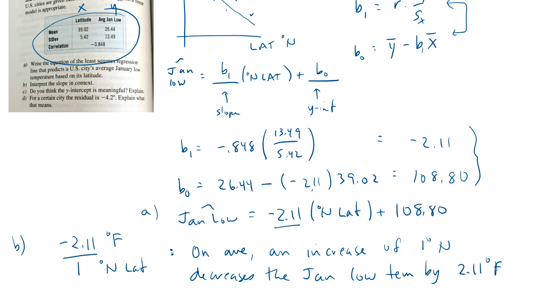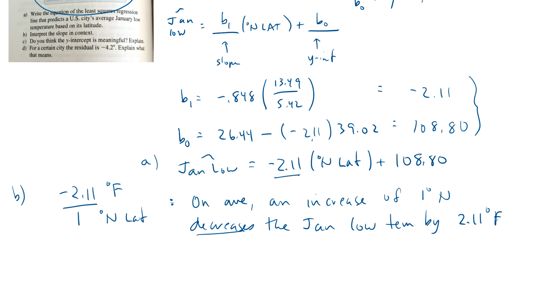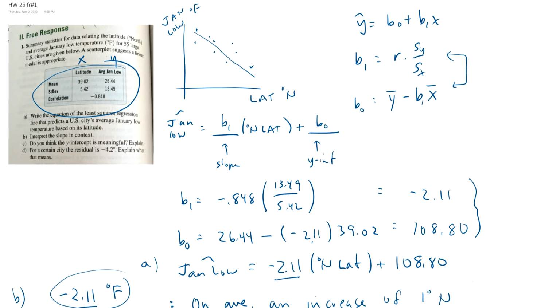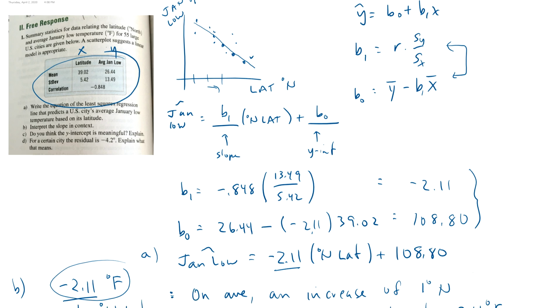I don't need to replace the negative because I said decrease. I don't want to say decrease by negative 2.11, right? For every degree I go up north latitude, the low temperature goes down 2.11 degrees Fahrenheit, right?